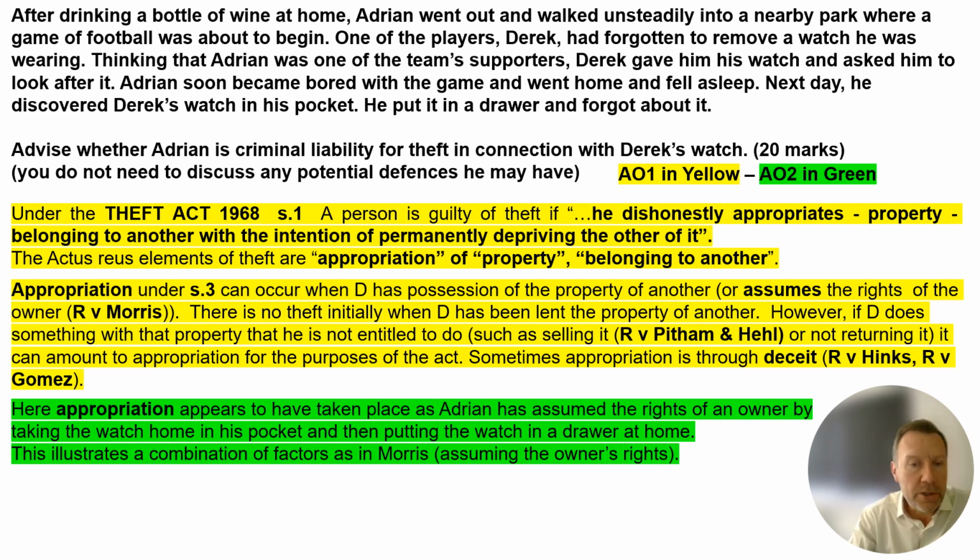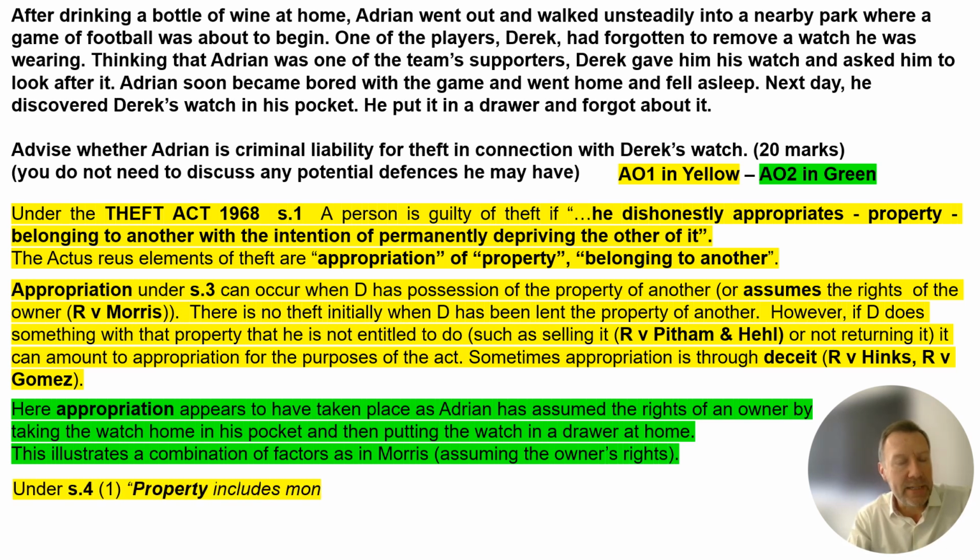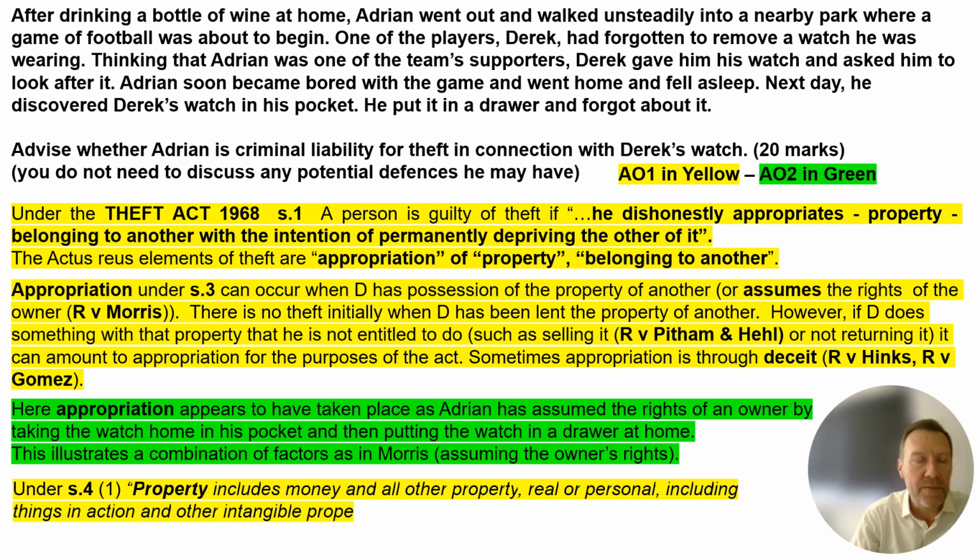And then you move on and you do the next bit. It can be a bit tricky, but it's one of these areas that is generally pretty straightforward. It's what they mean by property in theft. It's pretty much everything. It's physical property, it's intangible property, it's money, it's shares, it's debts, it's copyrights, and all that.